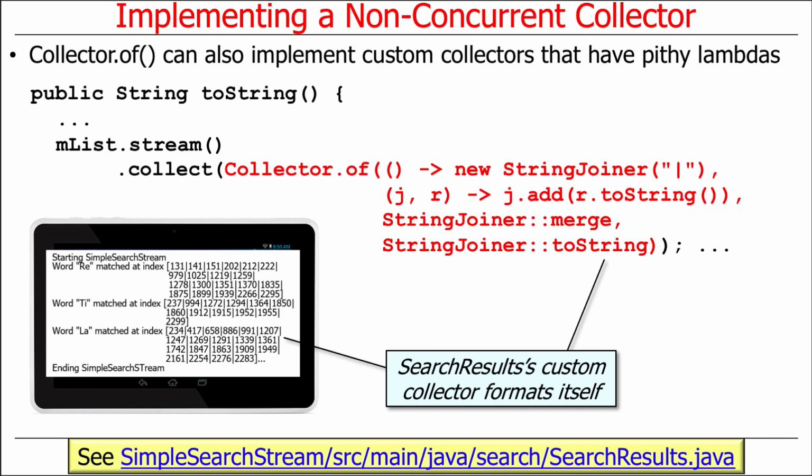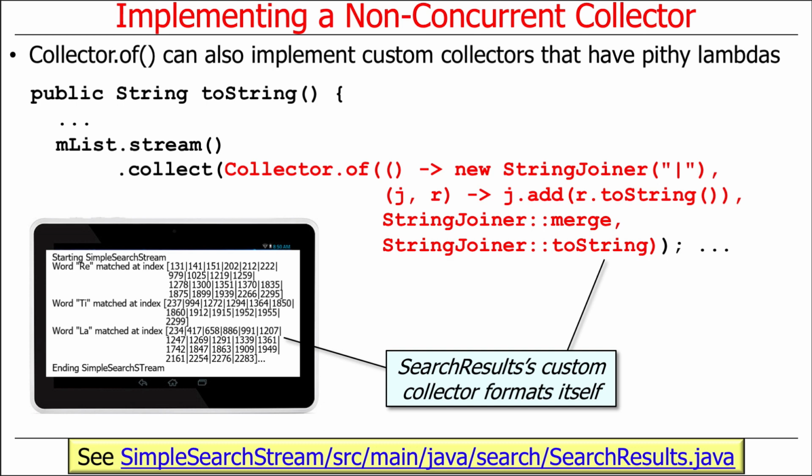Well, the way it gets formatted is if you were to take a look in the SearchResults class itself, you would find there's a toString method. toString is a common Java method that's used to take whatever the data structure is and turn it into a string representation of the data structure's state. So what we do here is we take the list of indices, we turn it into a stream. So now we have a stream of indices, basically numbers, like these numbers here. And then we collect those things together.